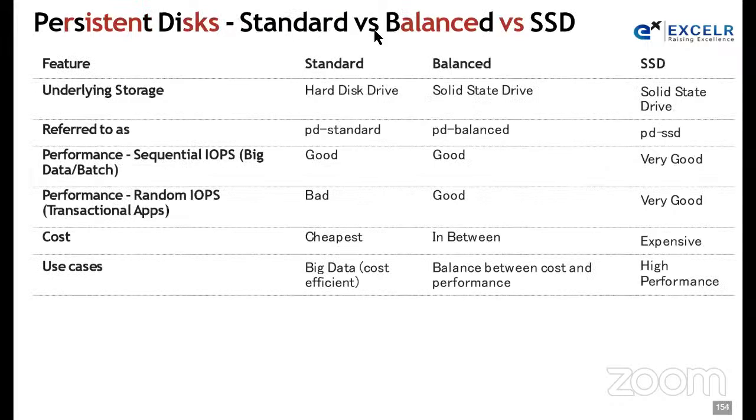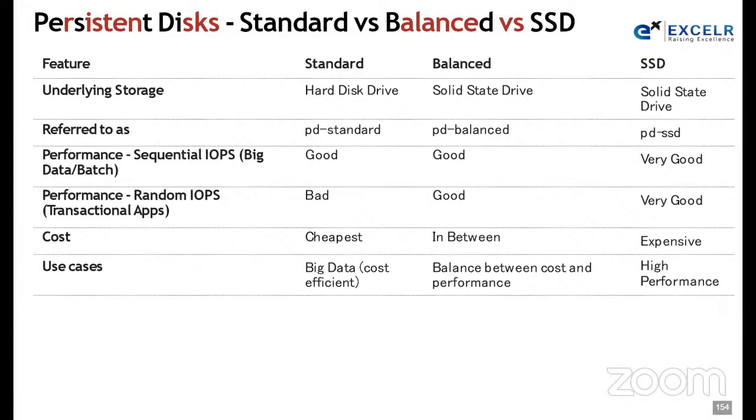Then let us look at another variant within the persistent disk. We have three variants within the persistent disk: standard, balanced, and SSD. In standard, what you have is a pure hard disk drive, which uses physical devices for the storage.